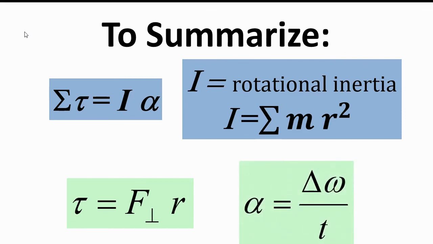The other relationship that will be helpful for you is to remember what we mean by rotational acceleration. Rotational acceleration is equal to the change in rotational velocity divided by time. Hopefully that was helpful. Keep these 4 equations in mind as you work through the practice puzzles to follow.